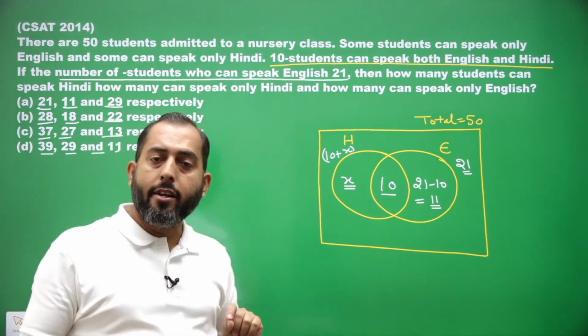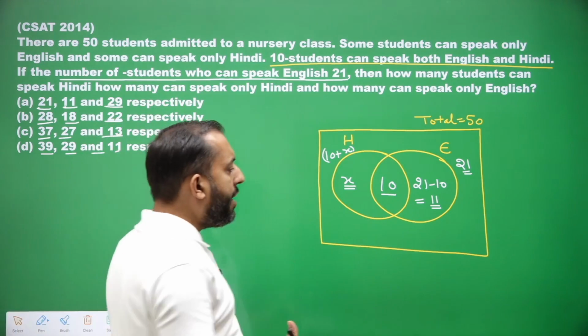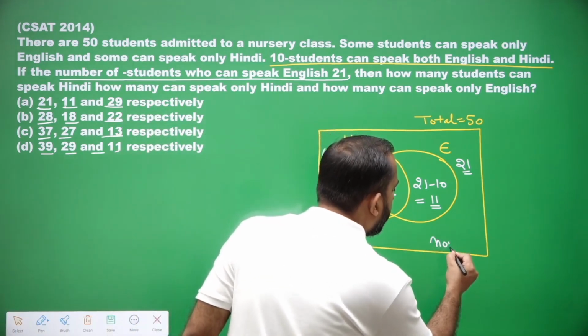All options are integers, so definitely the value of the none region should be 0.